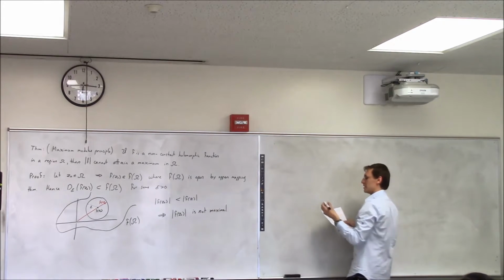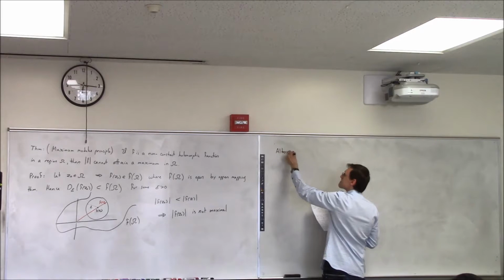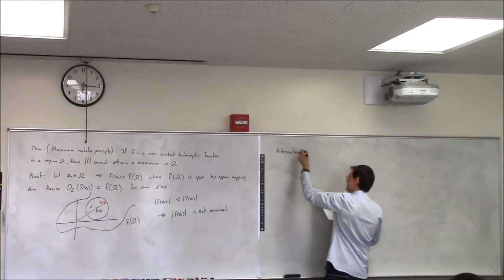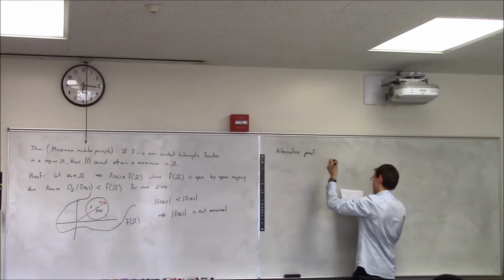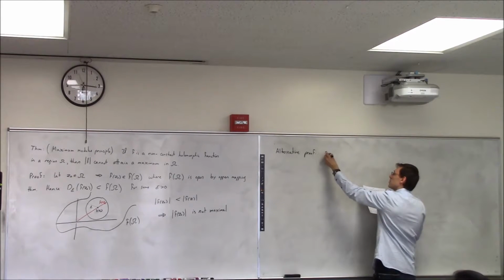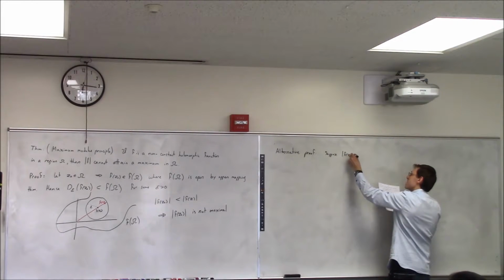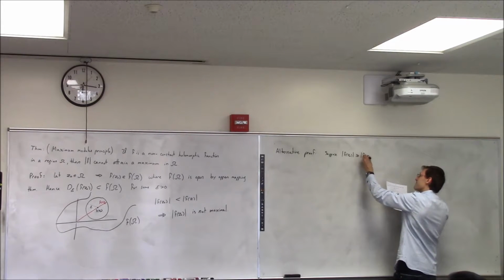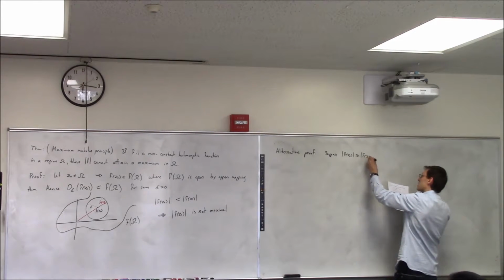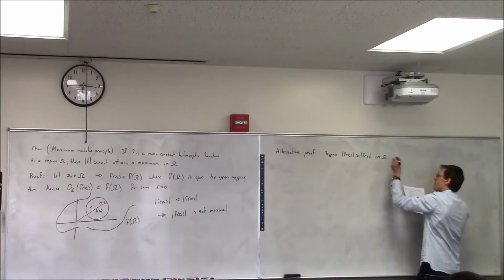All right, so alternative proof. Suppose that the modulus of f of z0 is bigger than or equal to the modulus of f of z on omega.